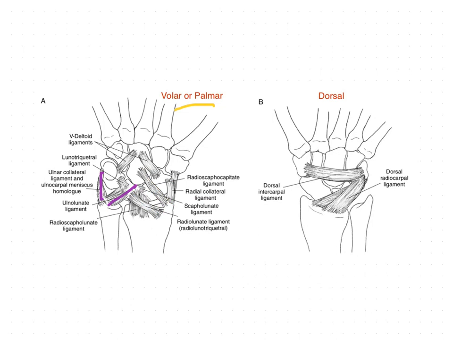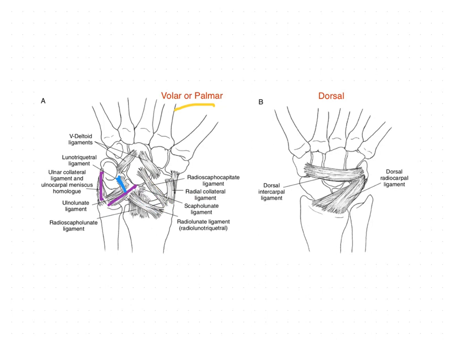Here you can find this lunotriquetral, which also helps in maintaining the stability between the lunate and the triquetrum.